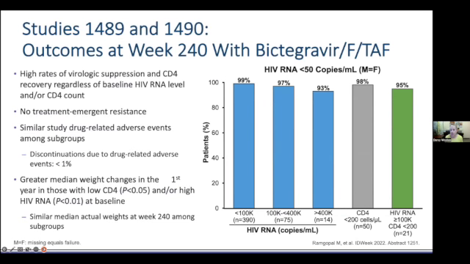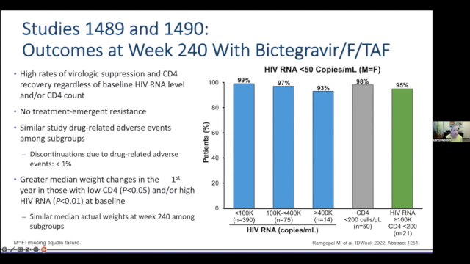Even patients with an initial high viral load, the vast majority were suppressed. If you had a low CD4 cell count, virologic outcomes were excellent. And if you had a low CD4 and high viral load, shown in green, also really great outcomes. So it's reassuring that this regimen works even for these patients who are typically excluded or not always actively included in our clinical trials.